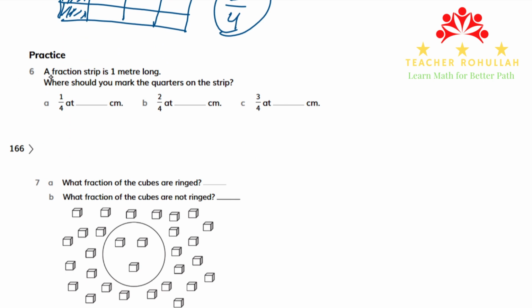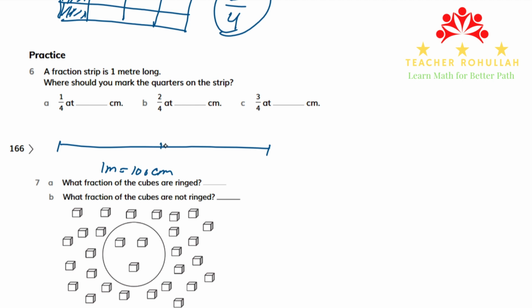In question 6 it says, a fraction strip is 1 meter long. Where should you mark the quarter on the strip? So I will draw a line here. The length of this strip is 1 meter, which is equal to 100 centimeters.